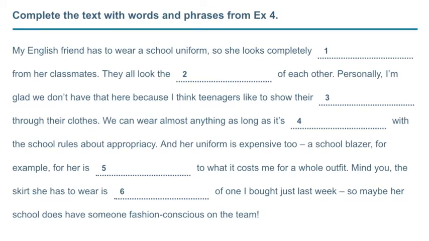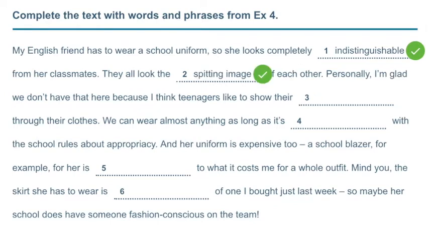All right, so we are ready now. It says, my English friend has to wear a school uniform, so she looks completely indistinguishable from her classmates. The important thing here is indistinguishable from someone or something else. So it's used with the word from. They all look the spitting image of each other.